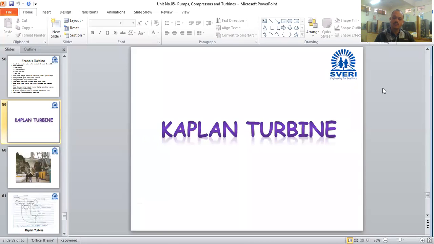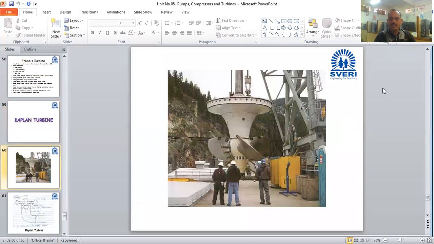Now see, this one is the actual image of a Kaplan turbine. You can observe a white colored runner here.